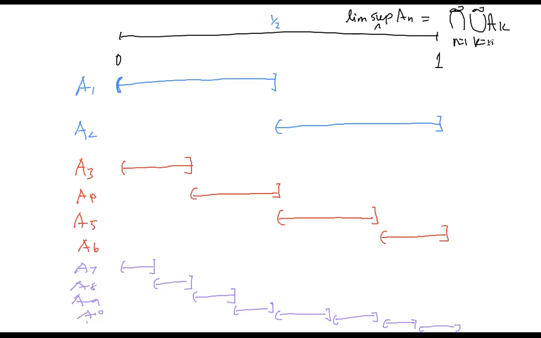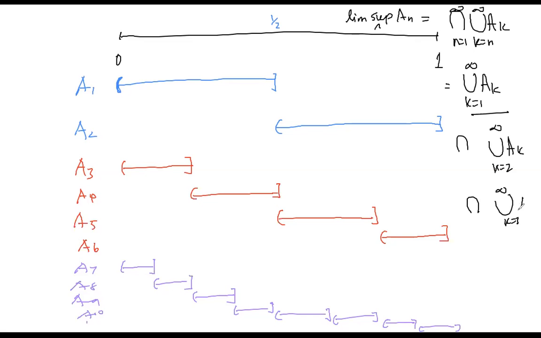So basically you take k starting from 1 and take the union, then you intersect with the union starting from 2, and intersect with the union starting from 3, and so on. Keep intersecting. Now, take two minutes to look at this intersection of these sets. What will it lead to at the end? What is this set?